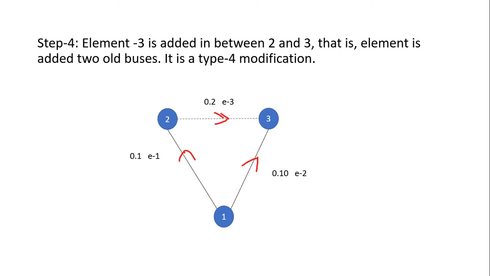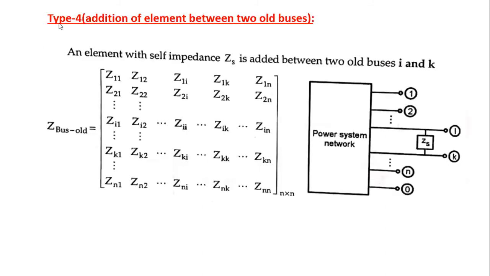What is meant by type 4 modification? The element is added in between two old buses. In this given network, I and K are the old buses.